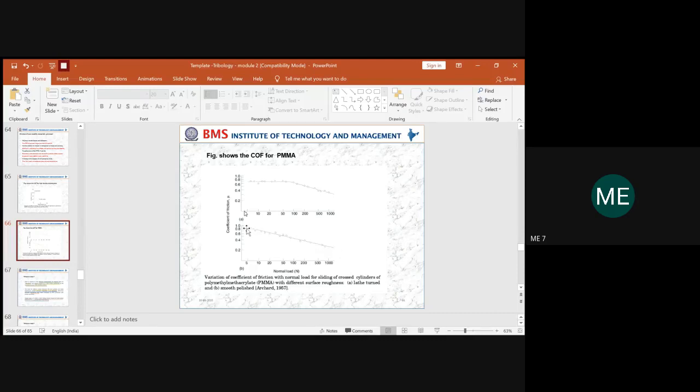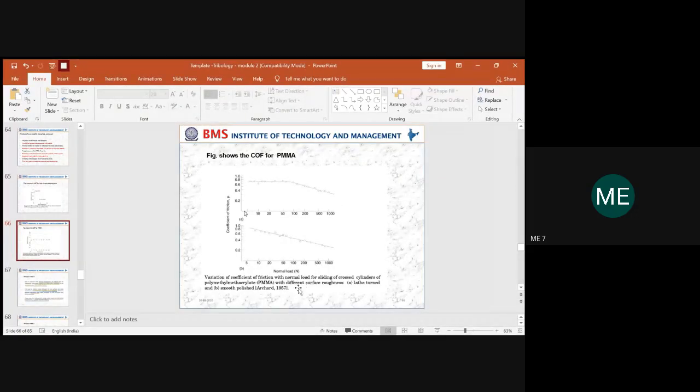There is a smooth reduction in the coefficient of friction in the case of the smooth surface, whereas for the surface which is not fully smooth, you can see that initially the coefficient of friction was a little higher. It was nearly 2.8. It was consistent for the load applied until 50 Newton. After 50 Newton, it started reducing as the load bearing capability was enhanced.